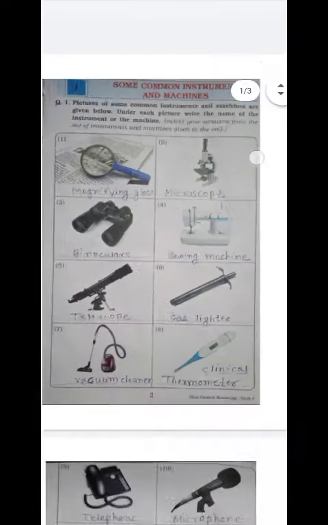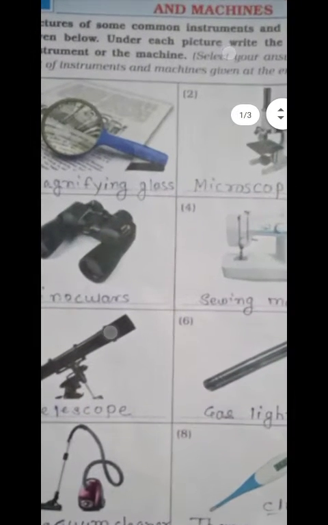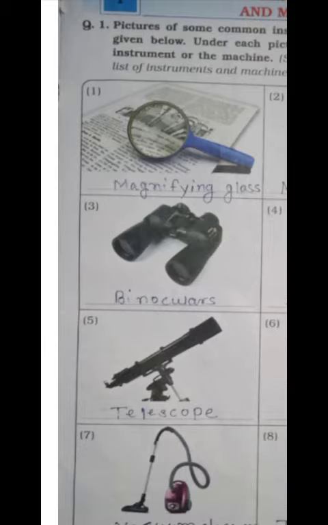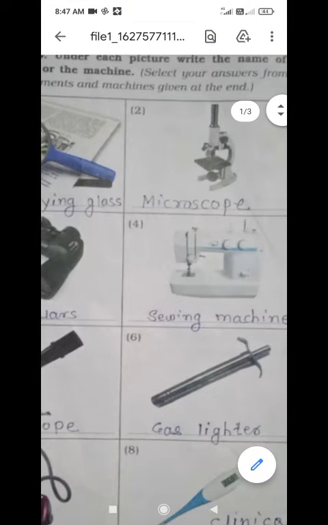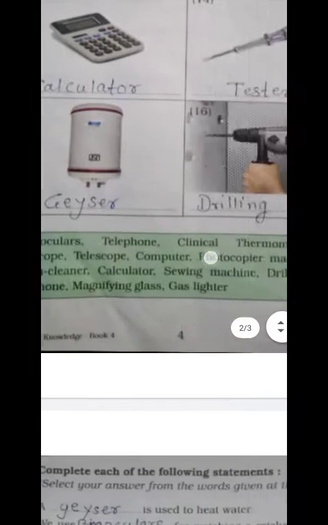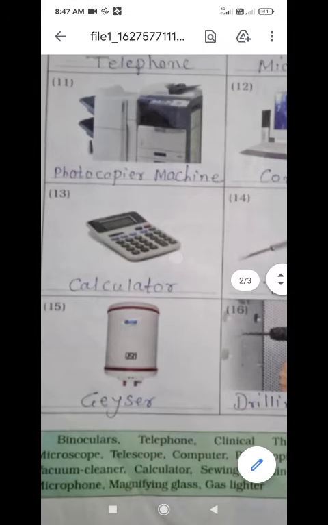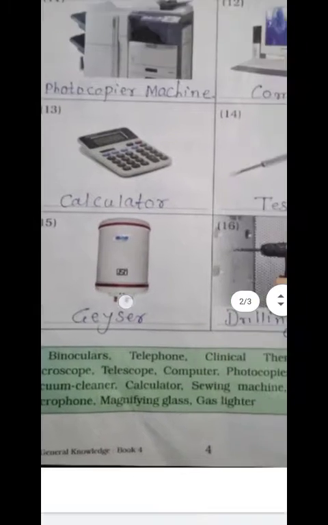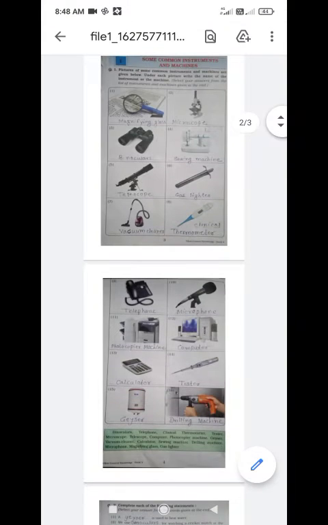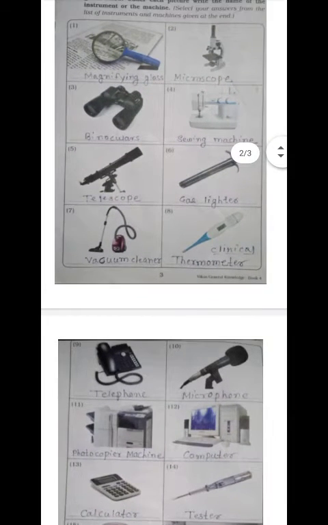Select your answer from the list of instruments and machines given at the end. So here is the list given, we have to select the answer from this list. Okay, I already selected here.